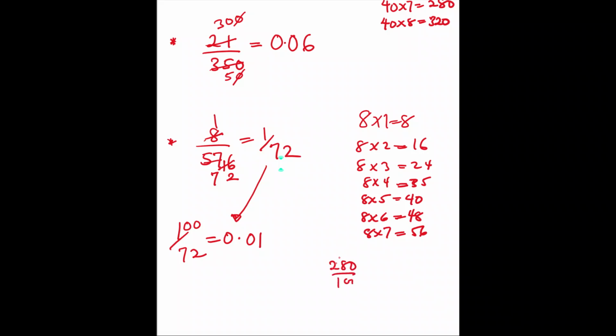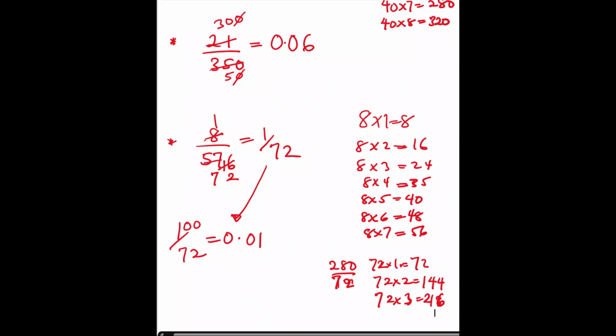So we have 280 divided by 72. If we do 72 times 1, that will give us 72. 72 times 2 should give us 144. 72 times 3 should give us 216.